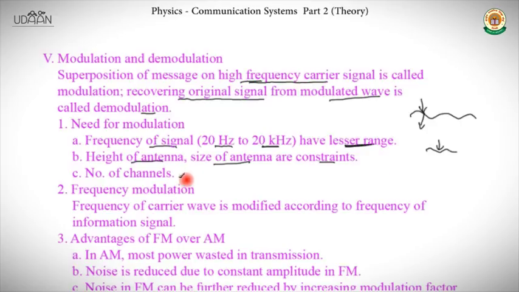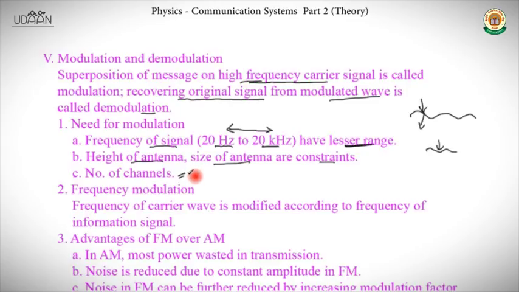Then there is the number of channels. This range of frequencies is not too big, so we cannot have a lot of channels, but there might be situations in which we would want multiple channels. For TV transmission you need as many channels as possible. So for that we need a higher frequency range, in the order of multiple megahertz.